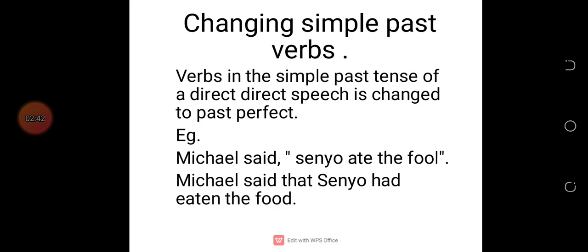Now let's look at the first objective for the lesson, where we change simple past tense verbs in a direct speech to reported speech. So it is required that when changing a simple past tense verb from a direct speech to reported speech, you change it to the past perfect tense.